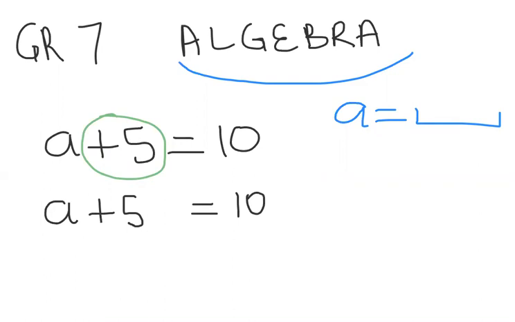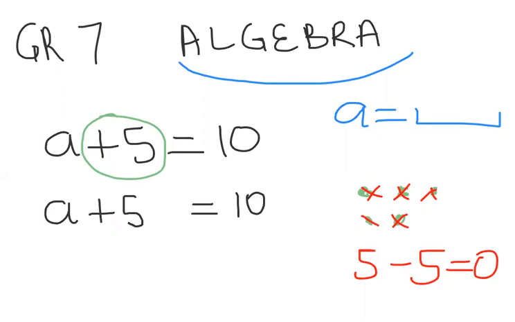So to take 5 away, if you have 5 sweets, so let's take 5 sweets, 1, 2, 3, 4, 5. To take it away, it just means you're gonna minus this by 5. So if you minus by 5, then you have 5 minus 5, and that answer is 0. So that is what I mean, take away.